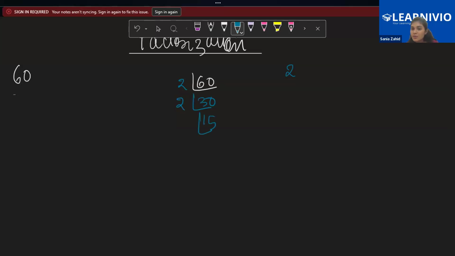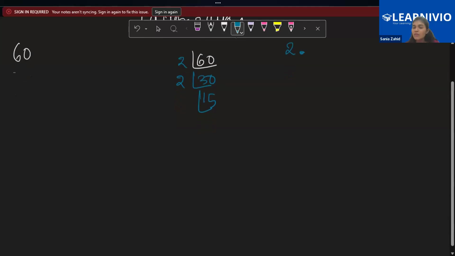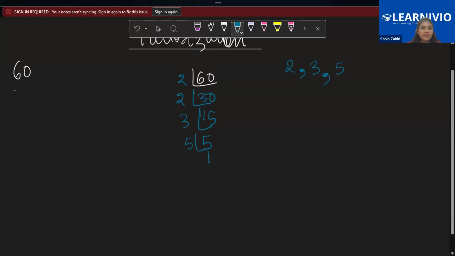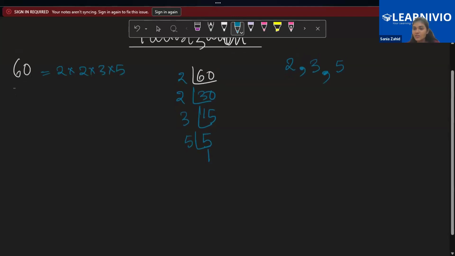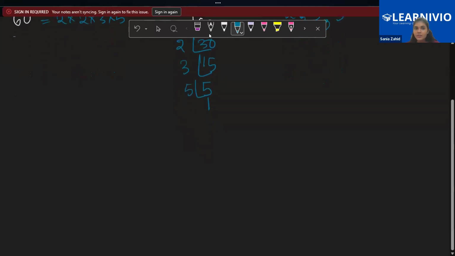Then 15, is it divisible by 2? No. So I will move to the next prime number. After 2, the next prime number is 3. So just write 3 into 5 is 15. Now 5 is not divisible by 3. So go to the next prime number. Next prime number is 5. So 5 into 1 is 5. So the prime factors of 60 are 2 into 2 into 3 into 5. Right? So prime factorization is easy. Everybody knows that. Right?